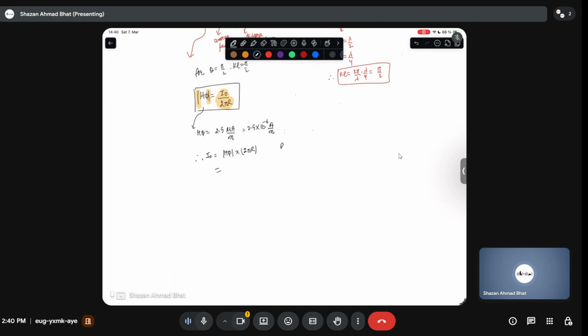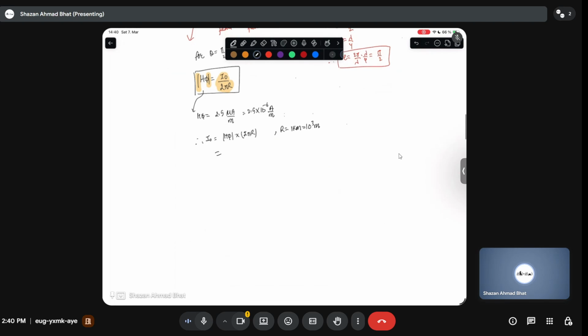Here r is 1 kilometer, that is 10 to the power 3 meters. So you can calculate I naught as 2.5 into 10 to the power minus 6 amps per meter multiplied by 2 into 3.1415 into 10 to the power 3.